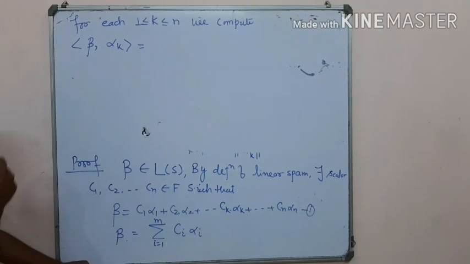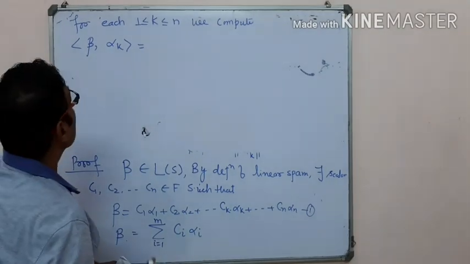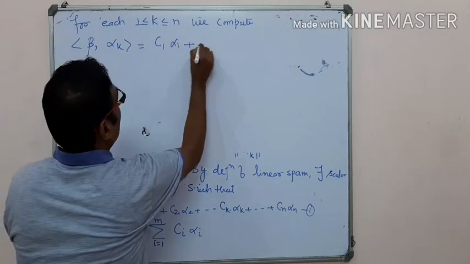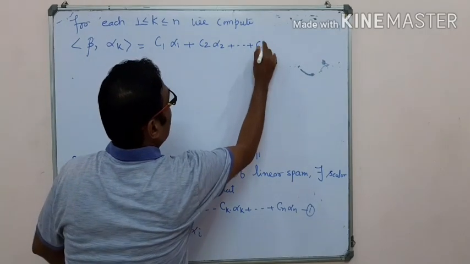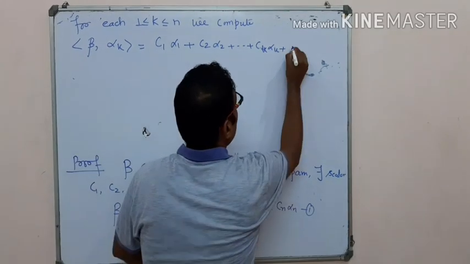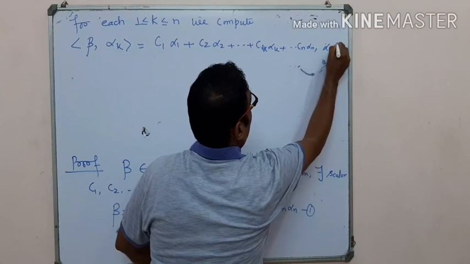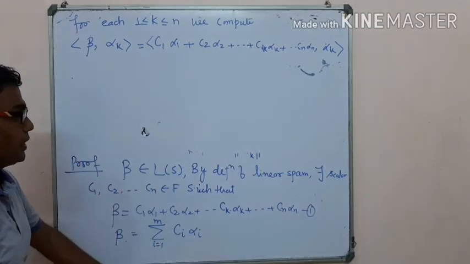That is, equation number 1 is multiplied by alpha k, then we have the inner product of C1 alpha 1 plus C2 alpha 2 plus ... plus Ck alpha k plus ... plus Cn alpha n with alpha k. That is, your equation number 2 can be written in this format.